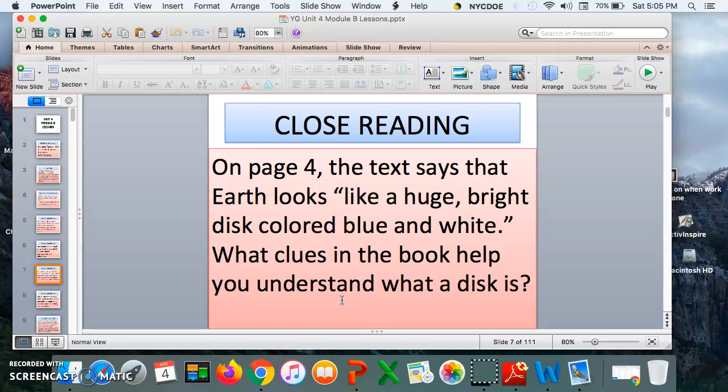Just take a few seconds. If you have to go back to the slides or the recording of the book to look at page 4 to figure out the answer, do that, and then we're going to go over the answer together.